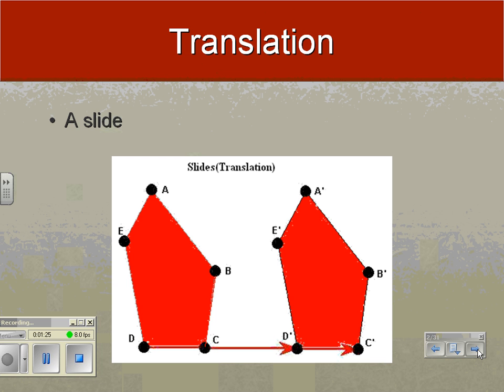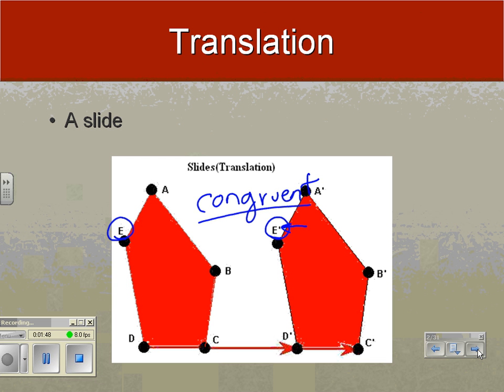What you'll notice about this picture is that you have two shapes, and the original and the new are congruent. They're the same size, they're the same shape. The only difference you'll notice is that they're in a different place, and as you can see, they have different labels.